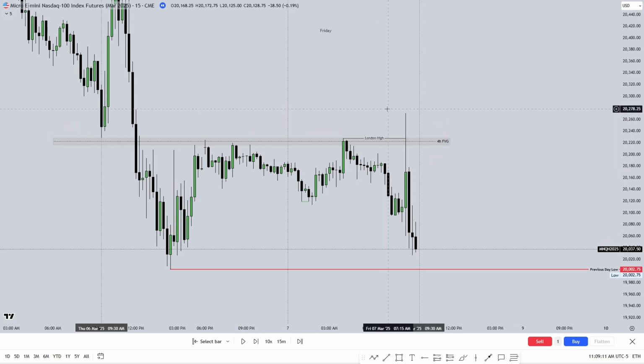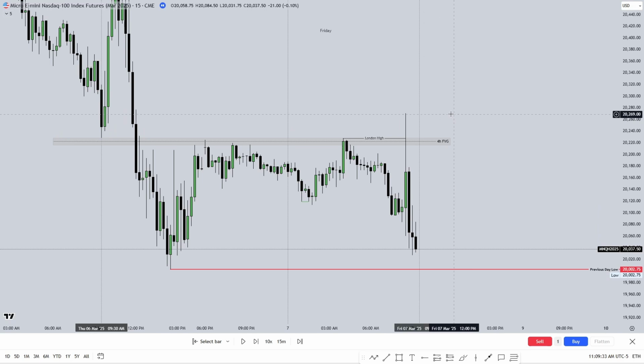So data highs and data lows make for really good targets. And when I say data highs and data lows, that just means whenever there is significant news, typically around 8:30 or 10 a.m., where news is released, if there are really large and obvious wicks, that is going to make for a great target.